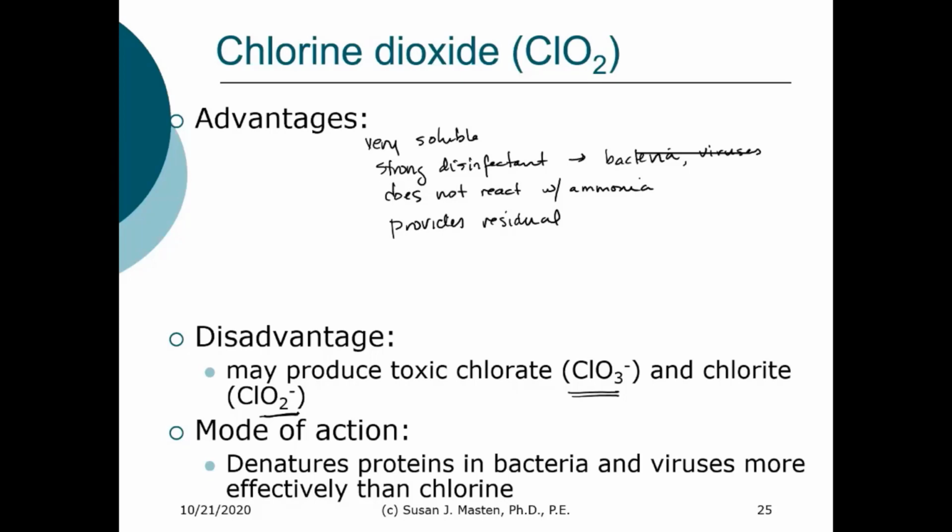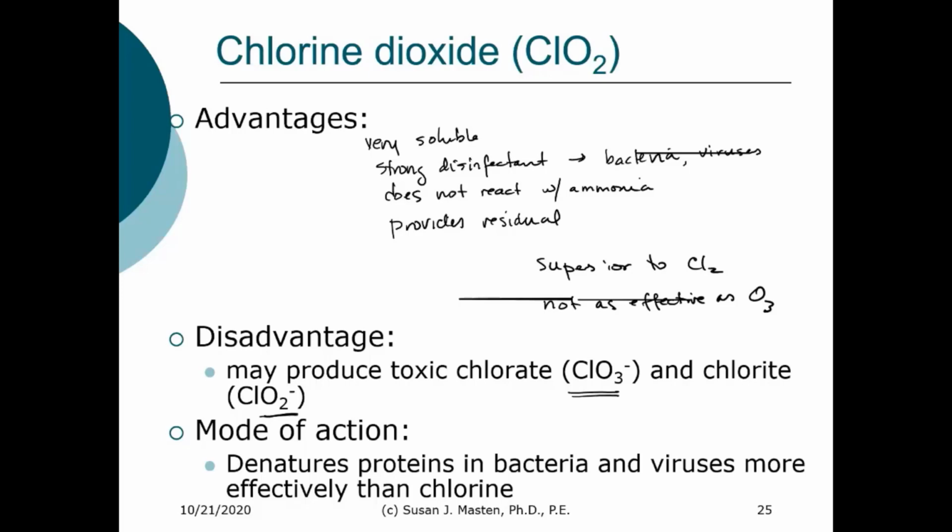It denatures proteins in bacteria and viruses more effectively than chlorine. So as you'll see, it's superior to chlorine in terms of its effectiveness on bacteria and viruses. It also inactivates Cryptosporidium and Giardia, but it's not as effective as ozone.